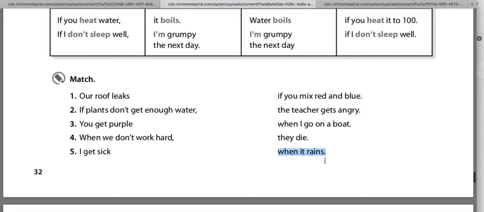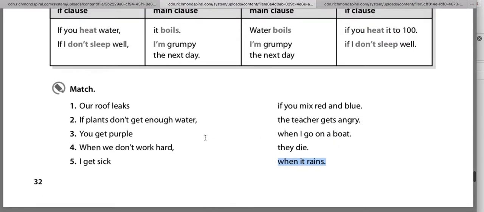In this case we're using when. The second example: if plants don't get enough water. Excellent. The number two, if the plants don't get enough water, they die. Perfect.